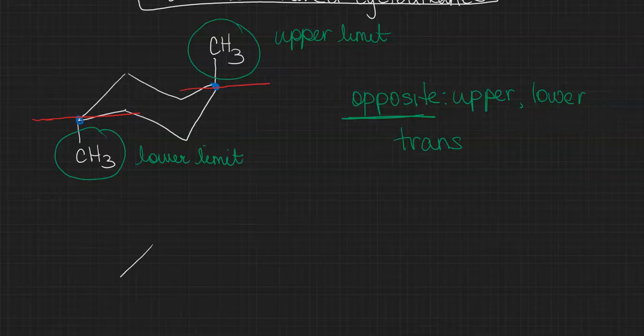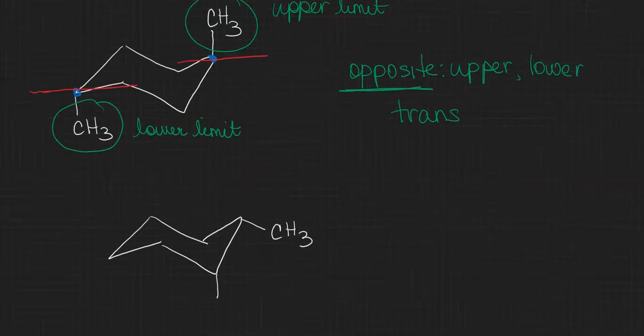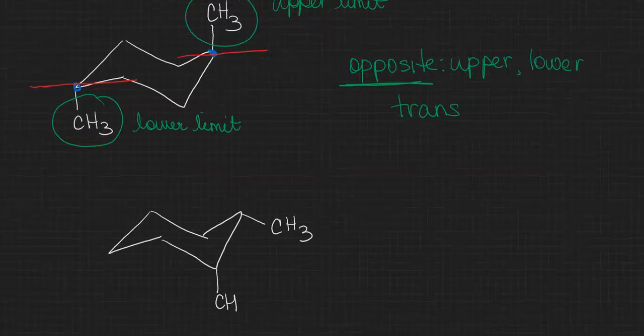Let's look at another example. I'm going to signify where my disubstitution occurs at those carbons. And through those carbons that are on the cyclohexane ring, I am going to draw a horizontal line.